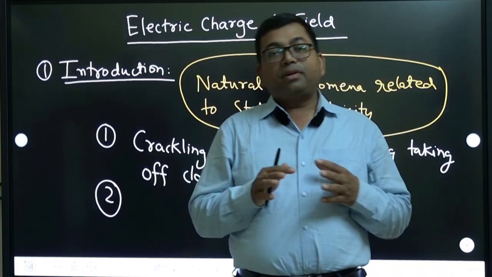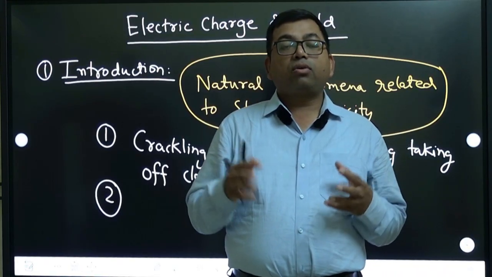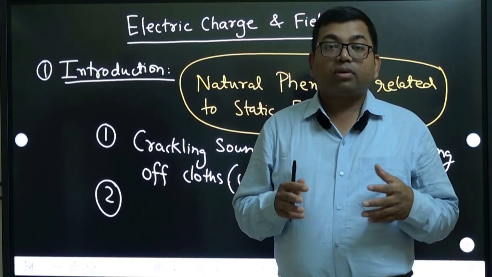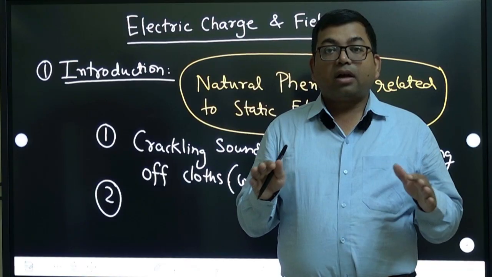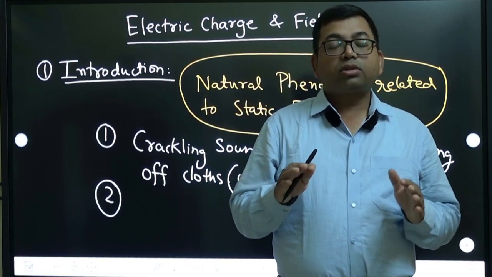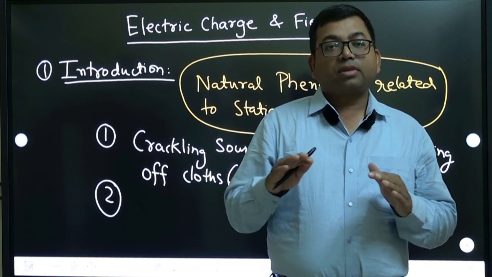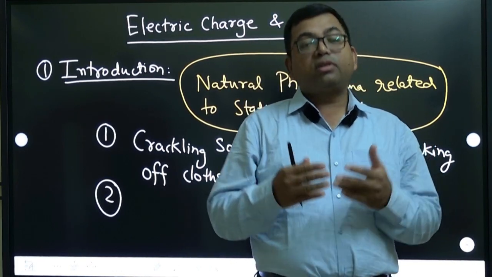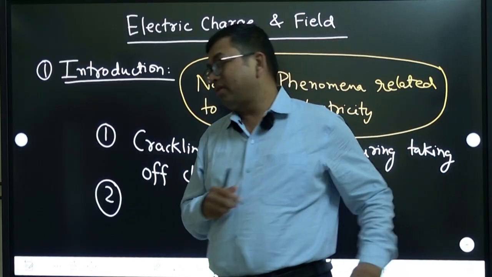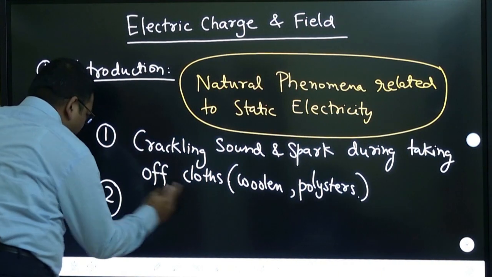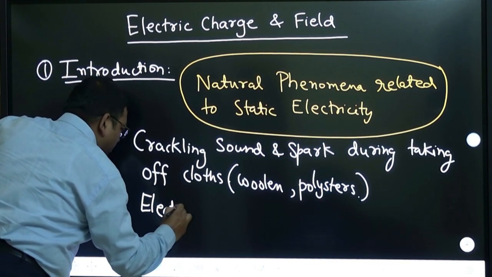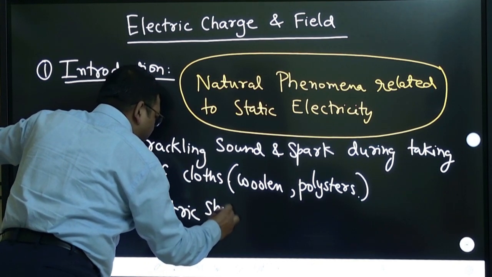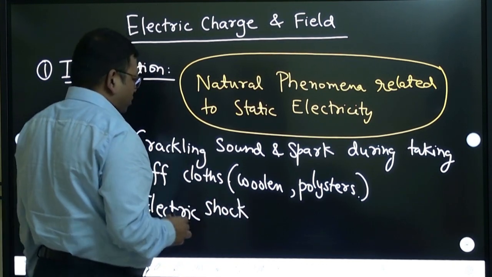Another example is that you also feel an electric shock when you are sitting in a bus or a car, sliding over the seat, and then you touch some metal bar. So the second thing is electric shock.